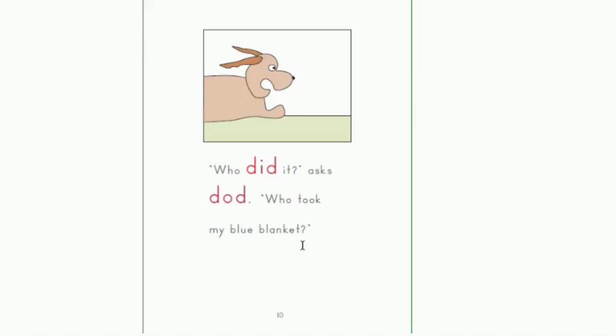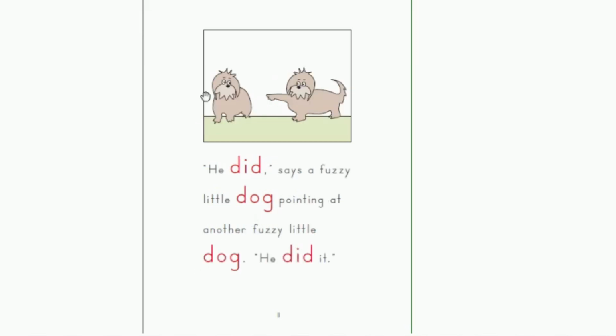Who did it? asked Dod. Who took my blue blanket? There were two fussy dogs.